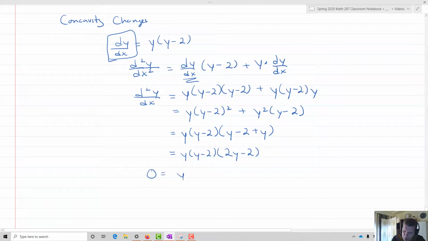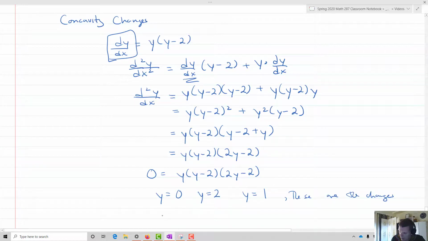So 0 equals y times y minus 2 times 2y minus 2. And so y will equal 0, y will also equal 2, and y will equal 1. So these are the changes in concavity.